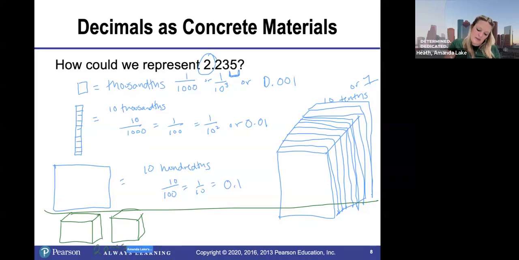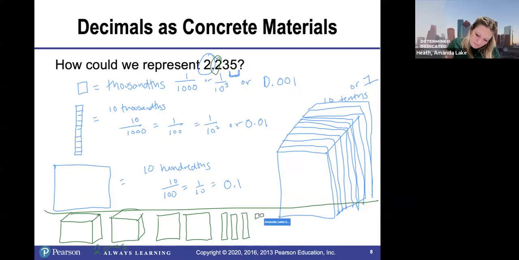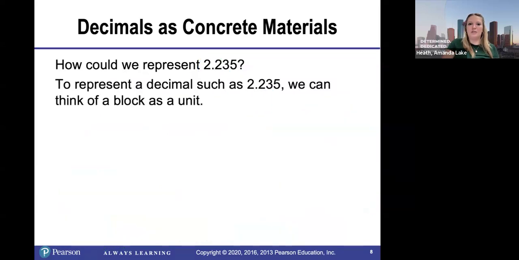Then I need 2 tenths from this tenths value here. So that's 2 flat large blocks. 3 hundredths. And 5 thousandths. So this should be how we can represent this value. And I have a much nicer picture for you here.